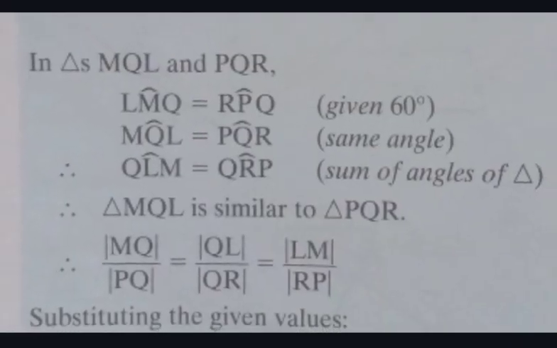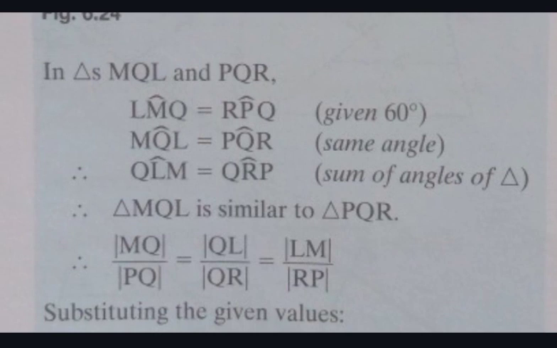Now we see that angle LMQ is equal to angle RPQ. As we are given in the diagram, they are both 60 degrees. Then angle MQL is equal to angle PQR because it is the same angle, angle Q. Then angle QLM will be equal to angle QRP when we look at the sum of angles in each of the triangles.